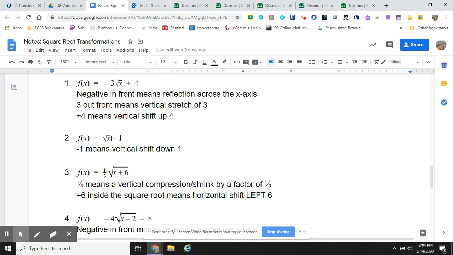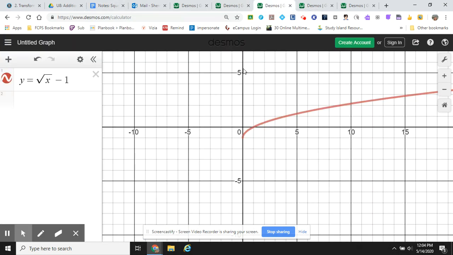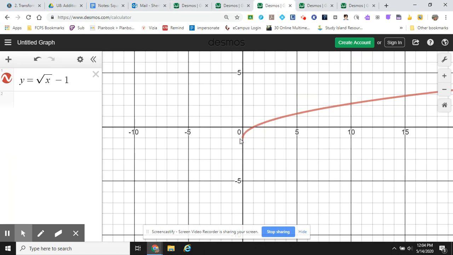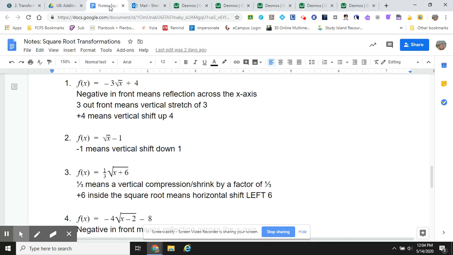So for this one, the square root of x with the minus 1 on the outside, that's this one here. That's going to just shift the whole thing down 1. So if you look at the parent function, I always use 0, 0 when I do my transformations, and then I know what the general sketch looks like. So 0, 0 with this funky shape. So if I move 0, 0, I'm going to move it down 1. That's it. So you would tell me that it's a vertical shift down 1.